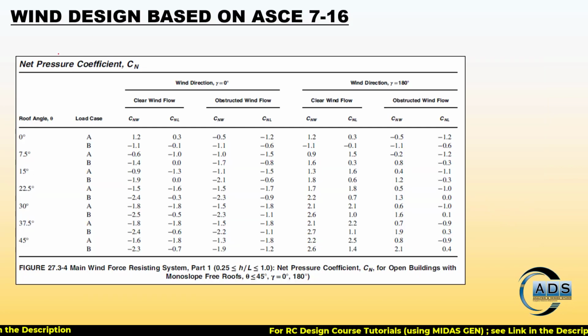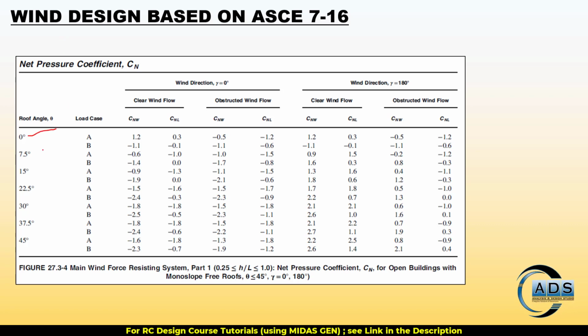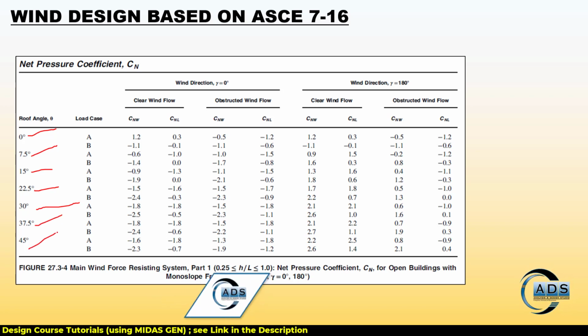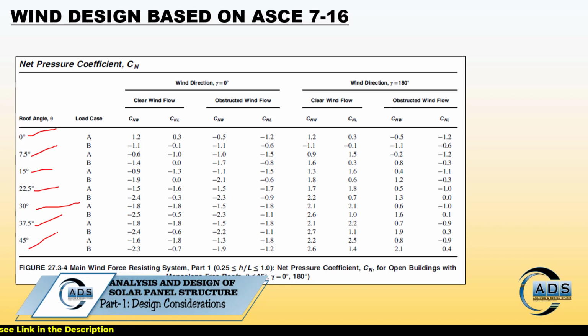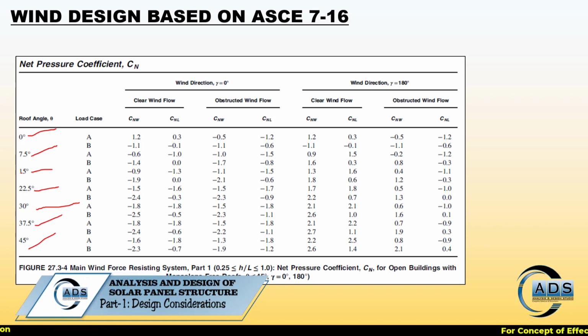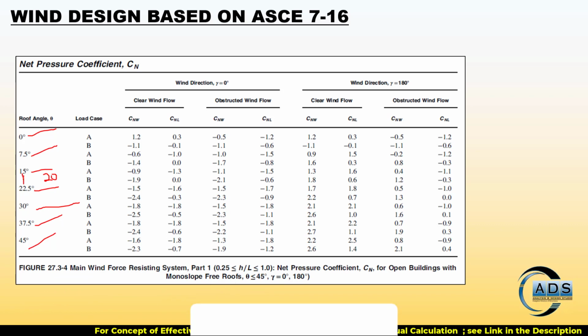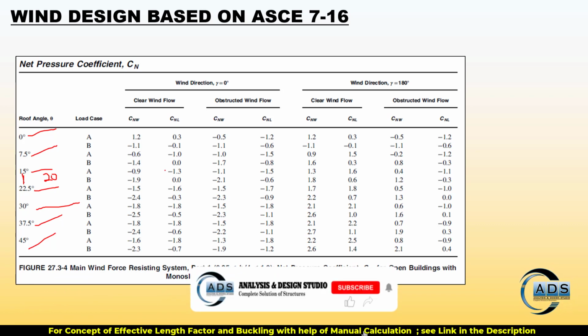We can see theta of 0, 7.5, 15, 22.5, 30, 37.5 and 45. If our structure has a slope in between, for example 20, we need to interpolate between these two. So the coefficients need to be interpolated, alright?